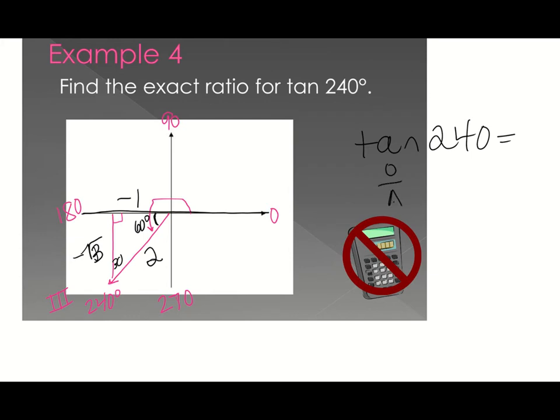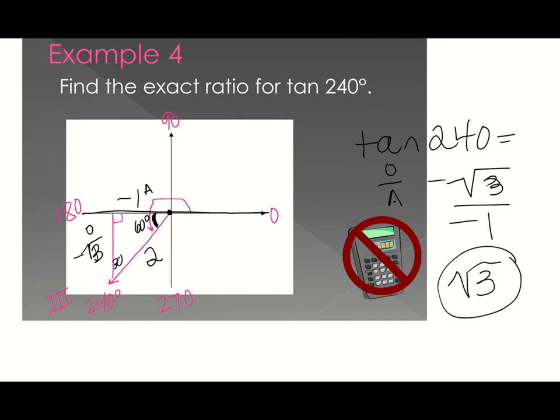So if I'm using this angle, my reference angle closest to the origin, opposite over adjacent. So I have negative root 3 over -1. So fully simplified, 2 negatives is going to give me a positive square root of 3. So the tangent of 240 is positive root 3.